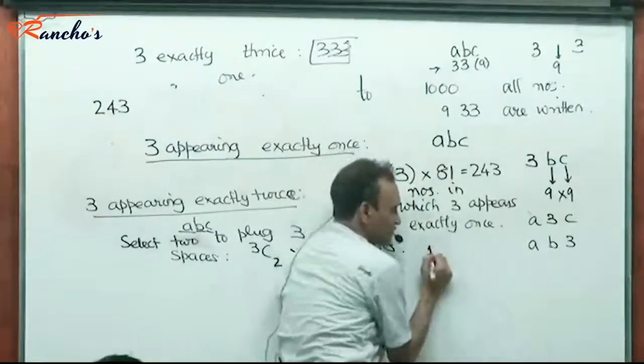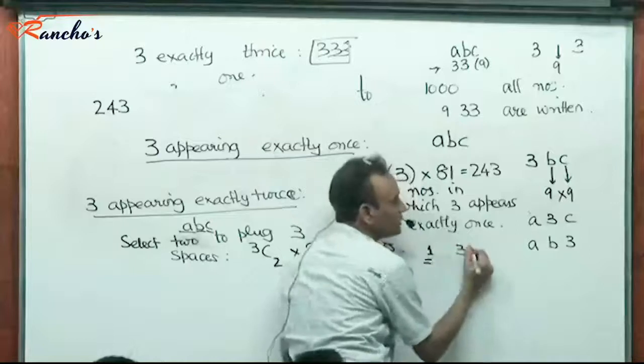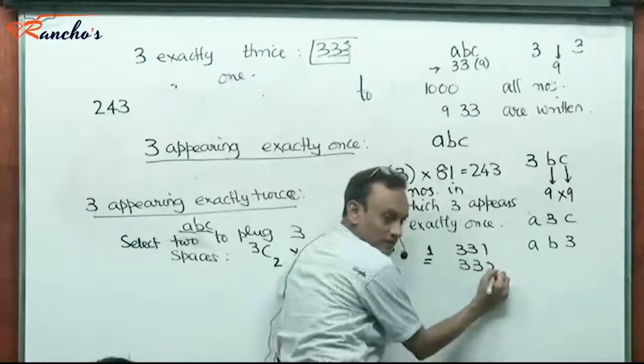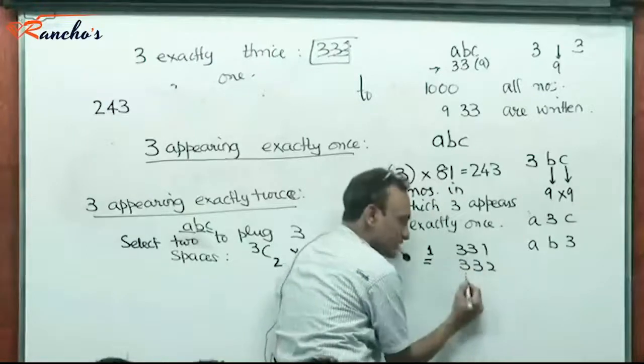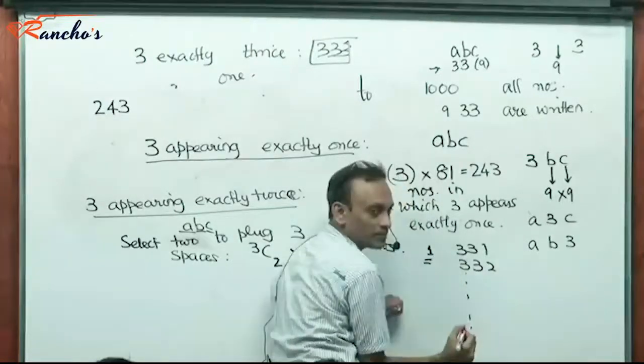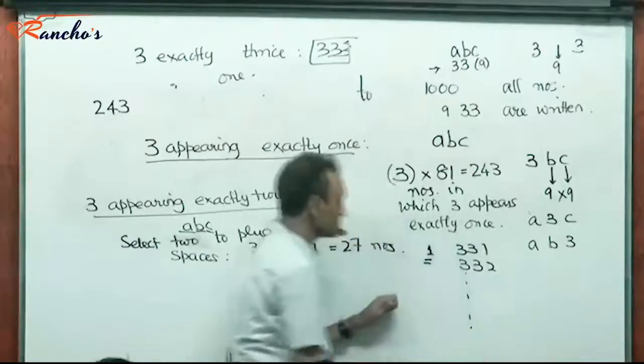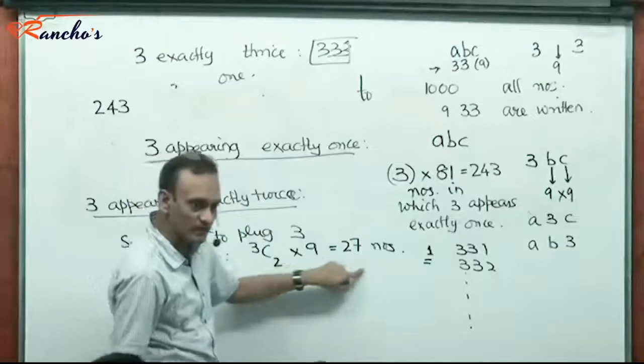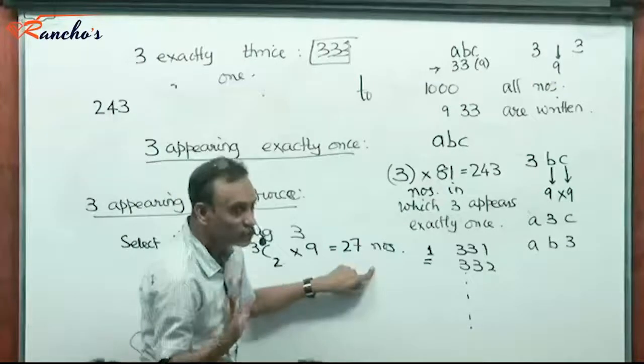This is number 1. 331. 332, for example. Right? Etc. How many such numbers are there in which 3 appears twice? Yes, 27 numbers are there. That's what I calculated. 27 numbers in which 3 appears exactly twice.